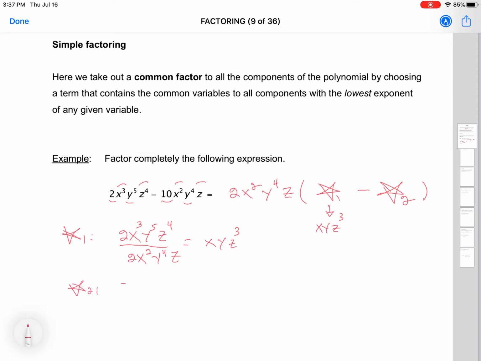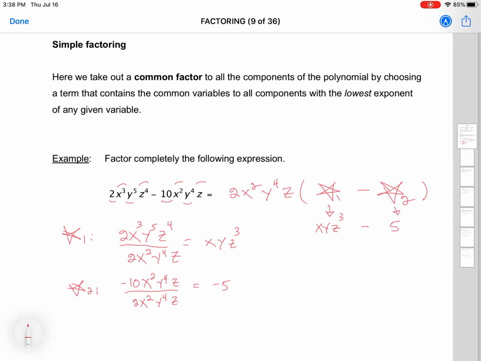As for star 2, we do the same thing, except we take minus 10 x squared y to the 4 z divided by the common term that we have factored out, 2x squared y to the 4 z. And well, a lot of cancellation: x squared, y to the 4, z to the 1 all cancel, and minus 5 is all that's left.